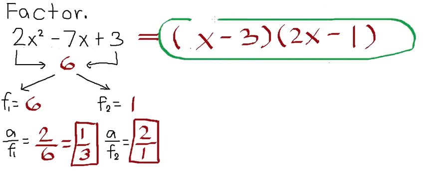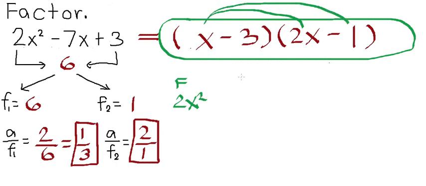Pwede niyong i-check sa pamamagitan ng FOIL method kung tama ba ang ating sagot. First terms, F, x times 2x, 2x squared. Outer terms, O, x times negative 1 equals negative x.